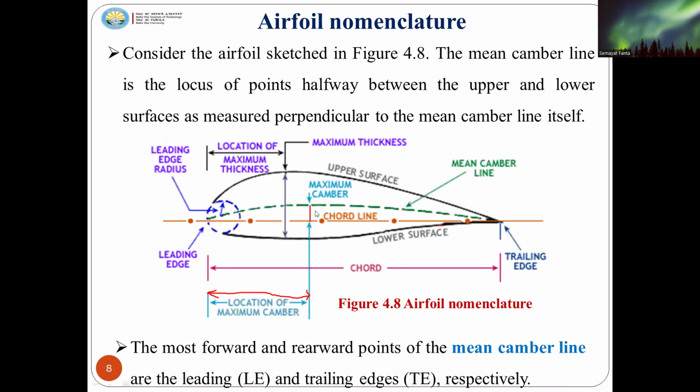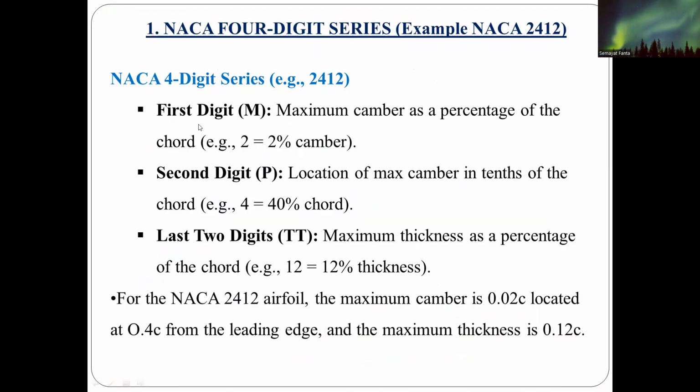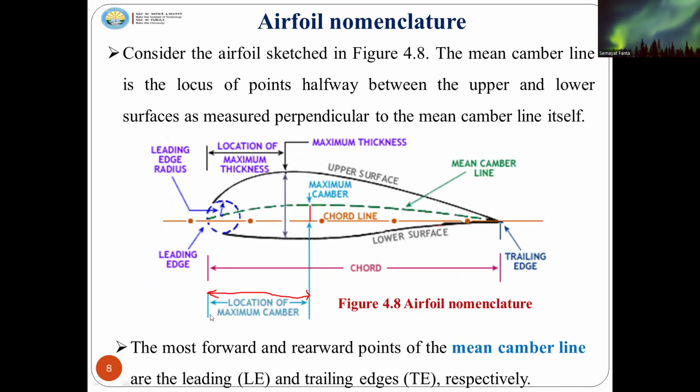The first digit, when we divide it by 100, indicates the maximum camber. The second digit, that is 4, indicates the location of maximum camber from the leading edge. The location of maximum camber is from here to here, and the maximum camber is this. That is for the cambered aerofoil.